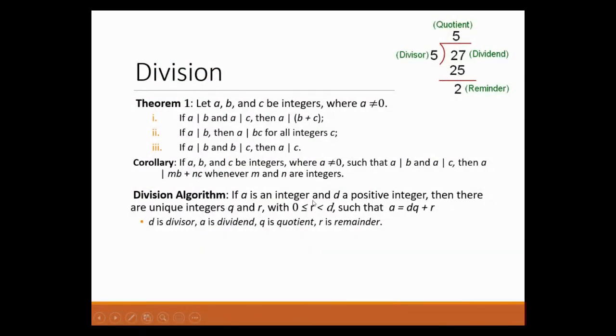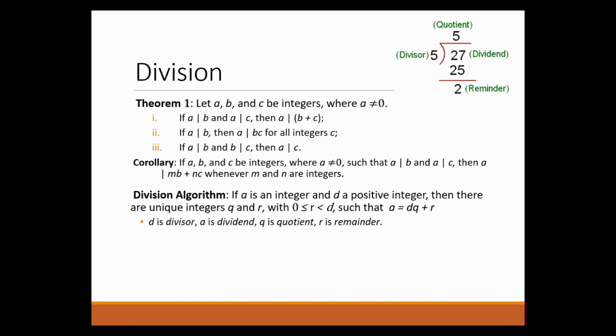So if A is an integer and D is a positive integer as well, then there are unique integers Q and R with R ranging from 0 to D, such that A is equal to D times Q plus R. So in that case, D is the divisor.